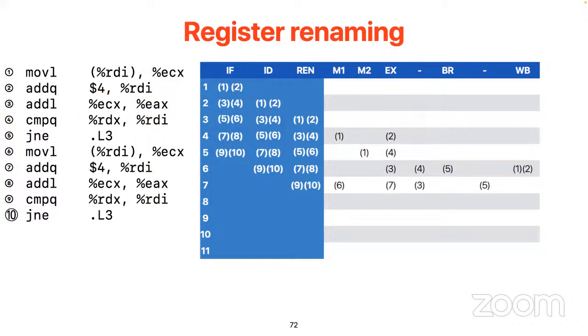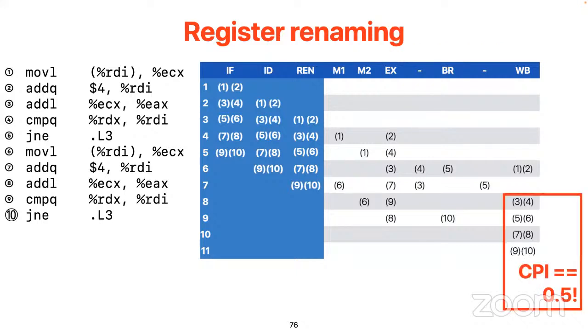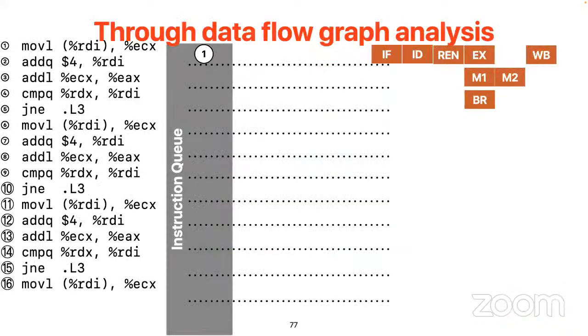So if you keep drawing this, at some point you will figure out that once you fill the pipeline, every cycle we are generating outcomes for 2 instructions. So for this piece of code, if I have register renaming, I can make the CPI equal to 0.5, which is the best you can do with a dual issue pipeline.